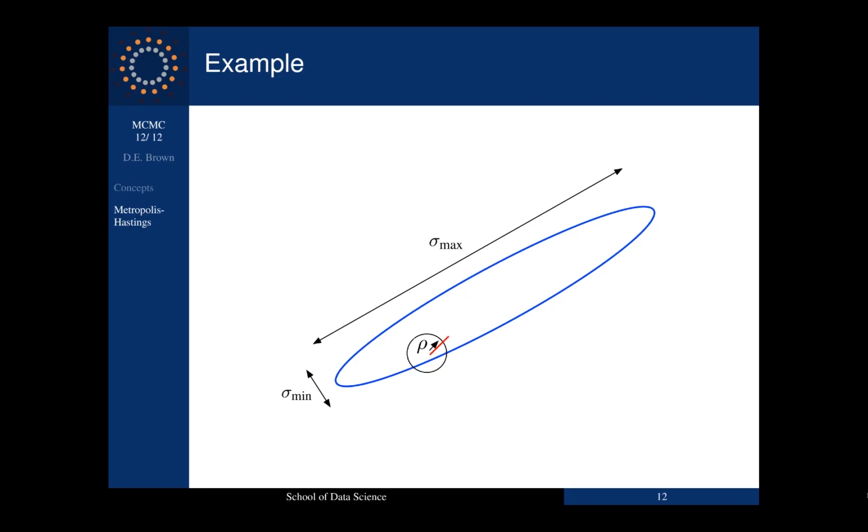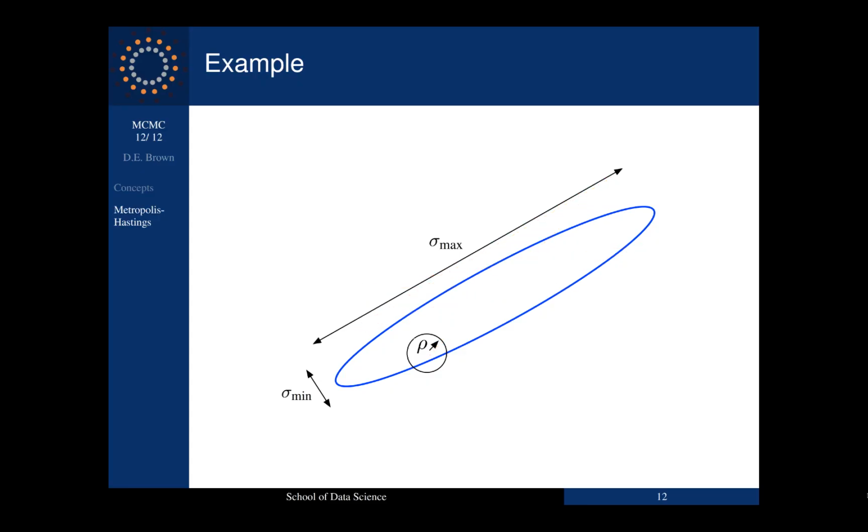Whereas if we make it larger, close to the size of the larger of the two scales, then actually we'll bound around and never really find the complete distribution. And more importantly, we may never find the maximum of that distribution because the scale of the proposal distribution is too large.